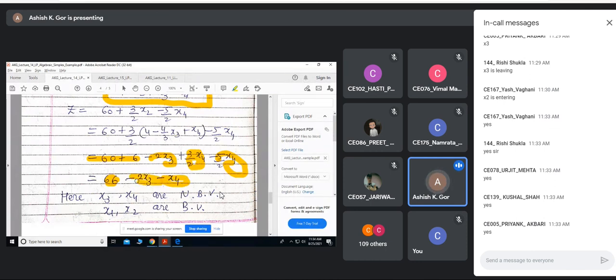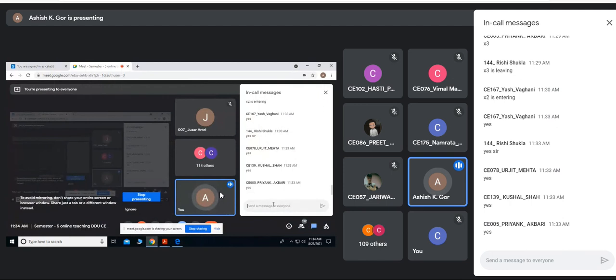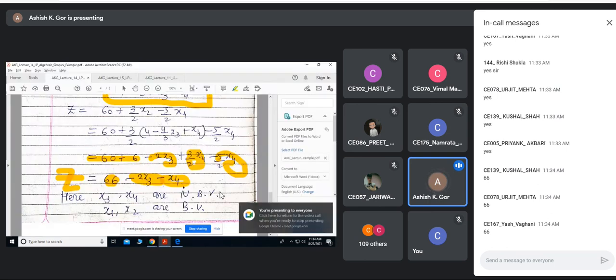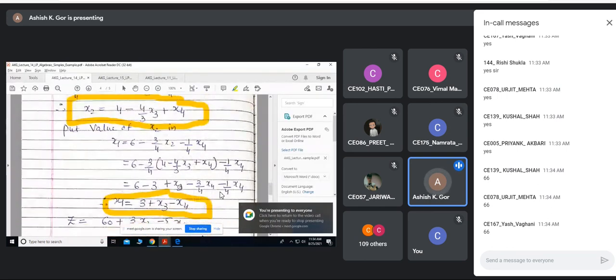So Z is 66 minus 2x3 minus x4. If you set x3 and x4, which are non-basic, to 0, what is the objective value that you are going to get? 66. Very correct. And what is the solution?